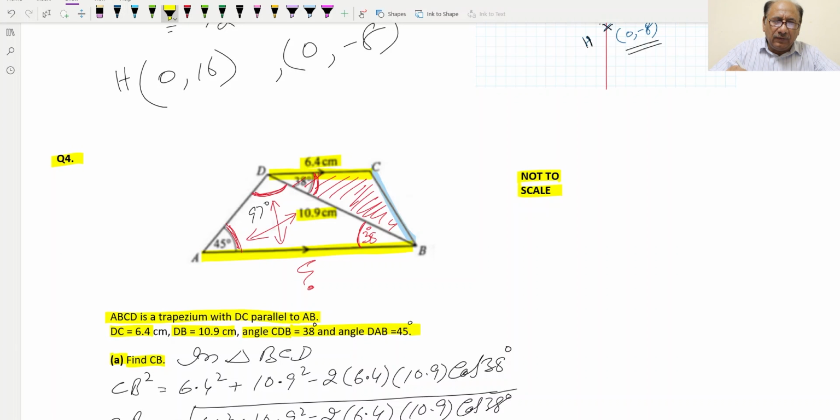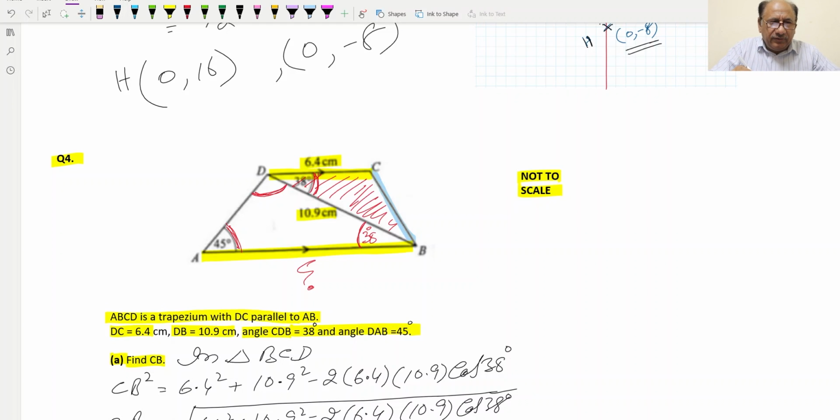Or you can find the perpendicular height, and then you can use half into AB sine C. So both methods are at your disposal. You can use any of them. I am using half into AB sine C.